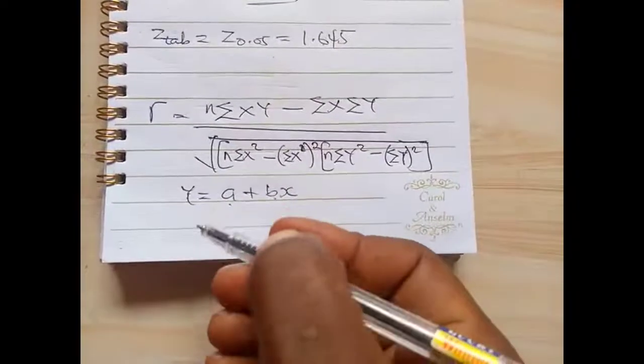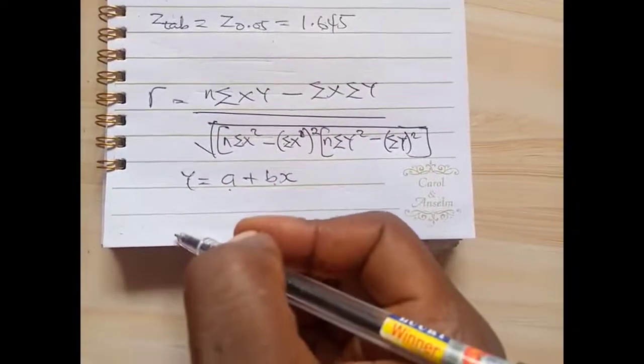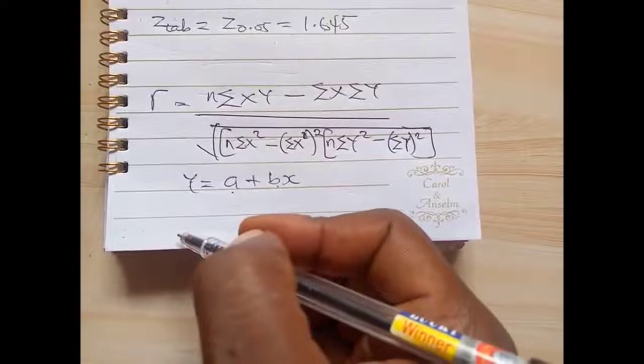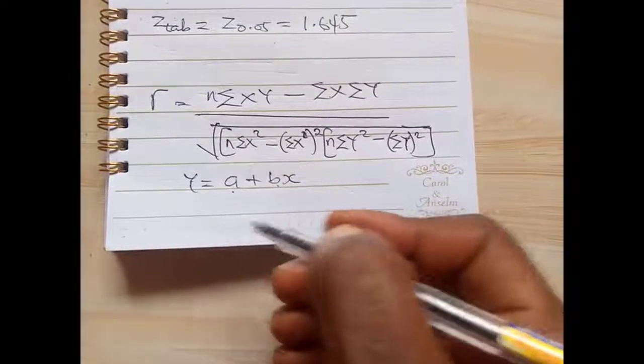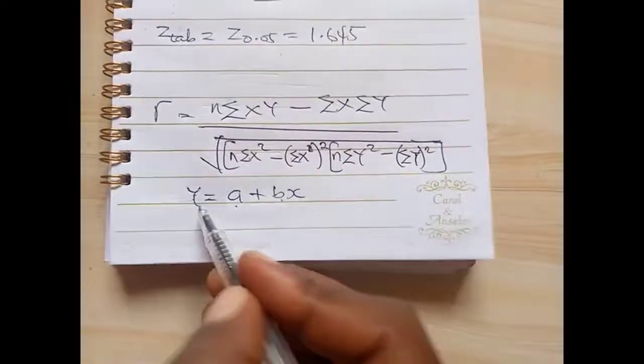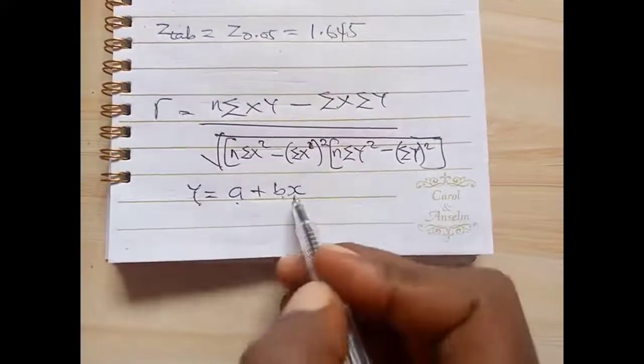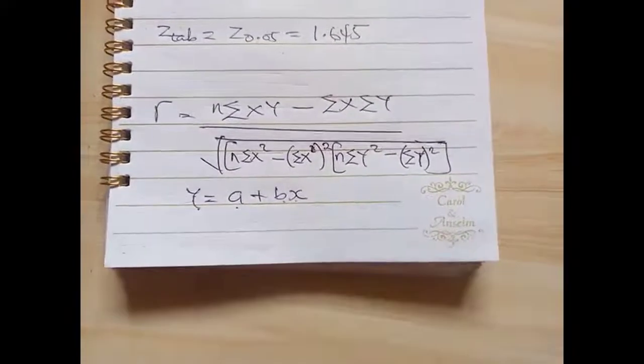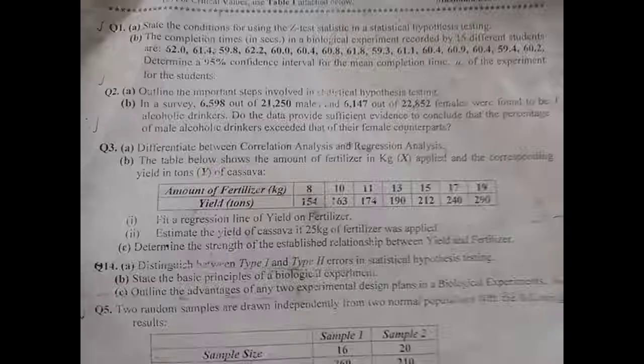Another difference is that there is no dependent or independent variable in correlation, while in regression y is the dependent variable while x is the independent variable. So that's the difference between them.